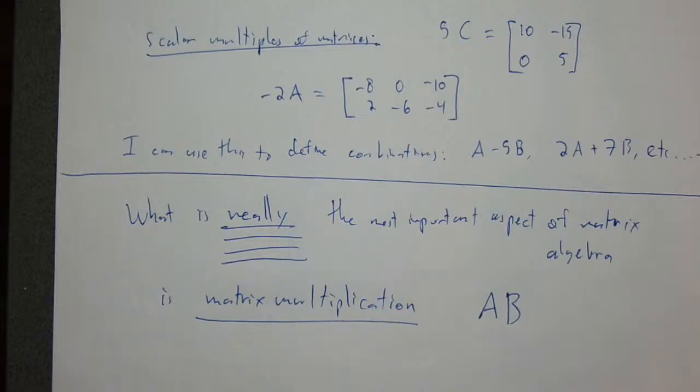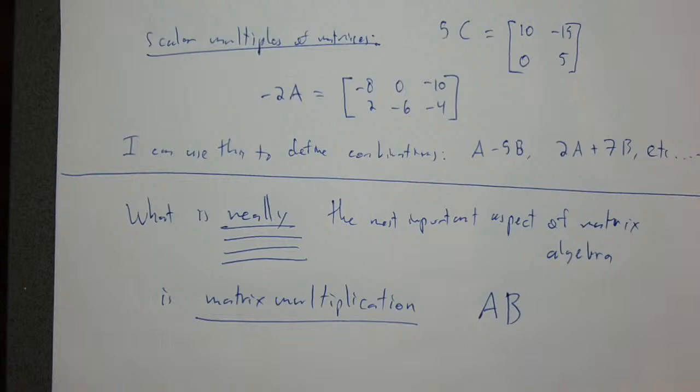Matrix addition and subtraction yield absolutely no useful info. There's absolutely no application of those things, really. They're basically useless. Matrix multiplication is the exact opposite. Literally everything we're going to do in this course that is worth anything comes from considering matrix products in some way, more or less. So this is very important.